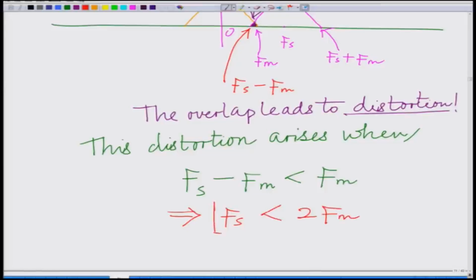So, this is a very important and very interesting condition, the spectral overlap between these different copies of the spectrum shifted by the various integer multiples of Fs will occur if the sampling frequency Fs is less than twice the maximum frequency Fm of the original analog signal, alright.